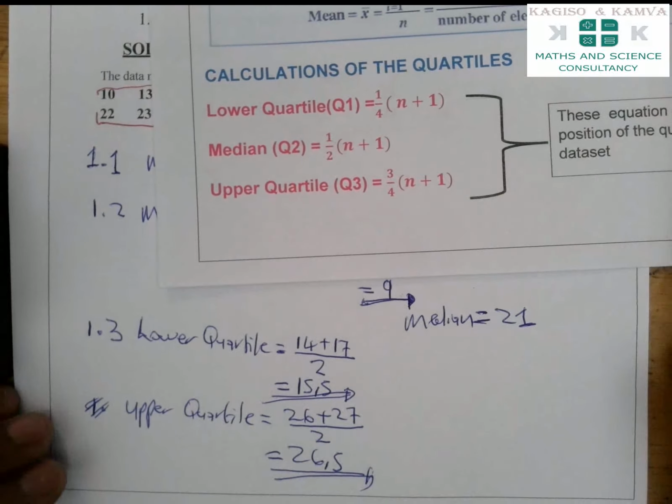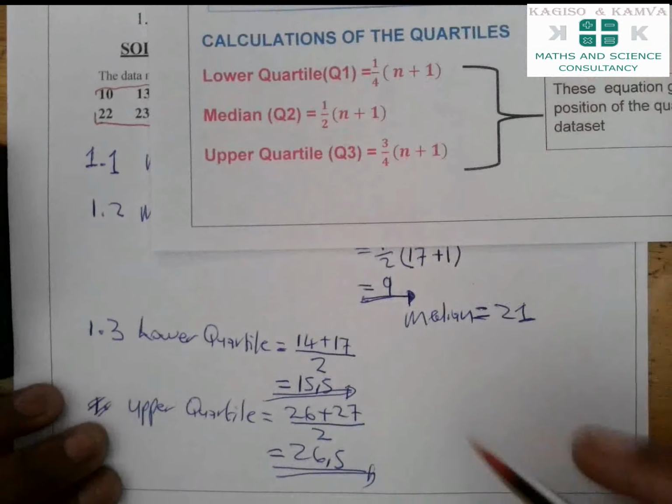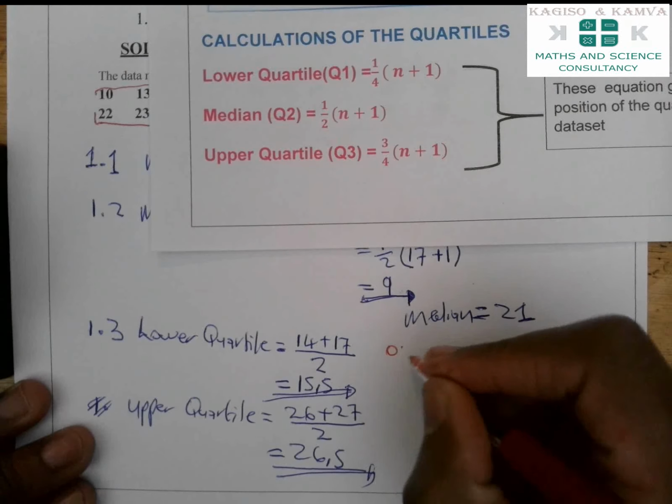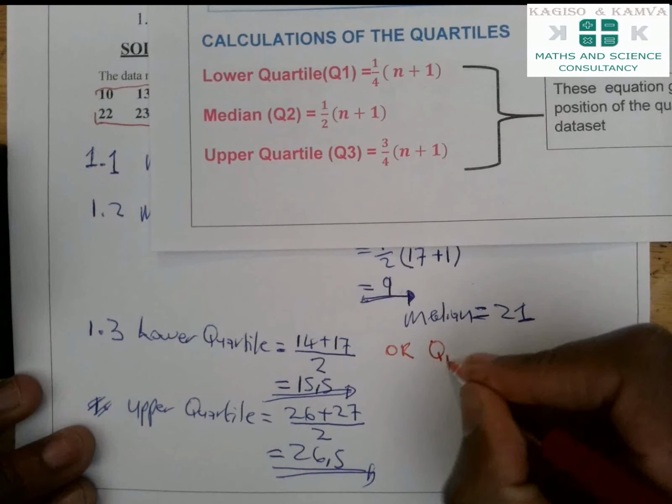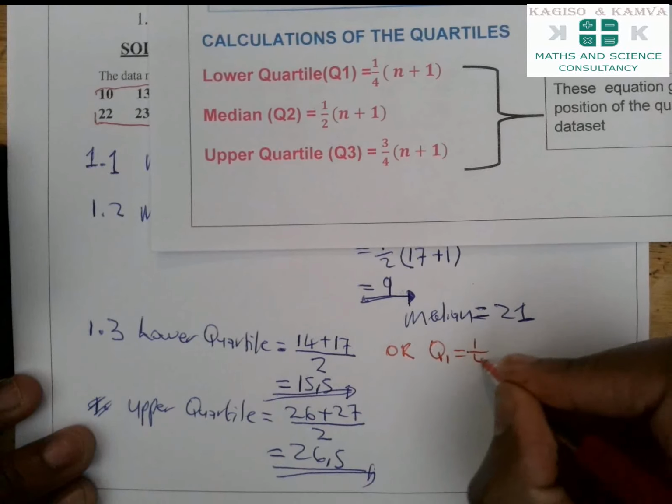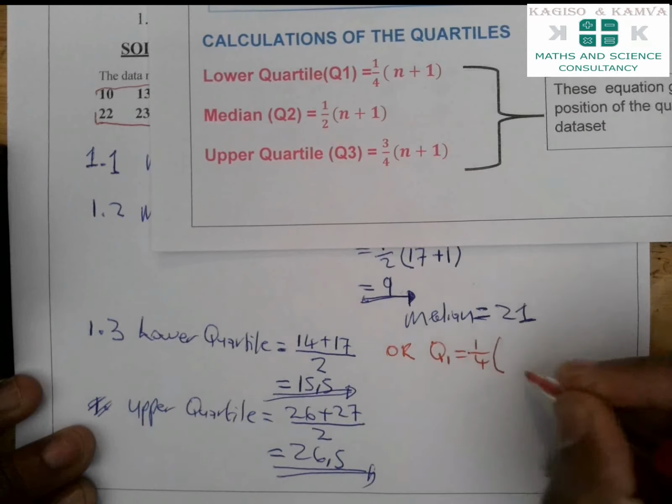Okay, so we could have done this in this form. We could have said Q1 is equal to 1 over 4 times the number of elements in the data set, that will be 17 plus 1.